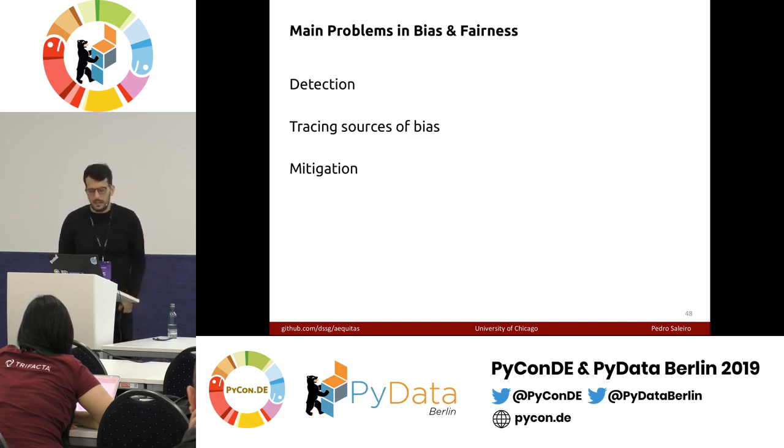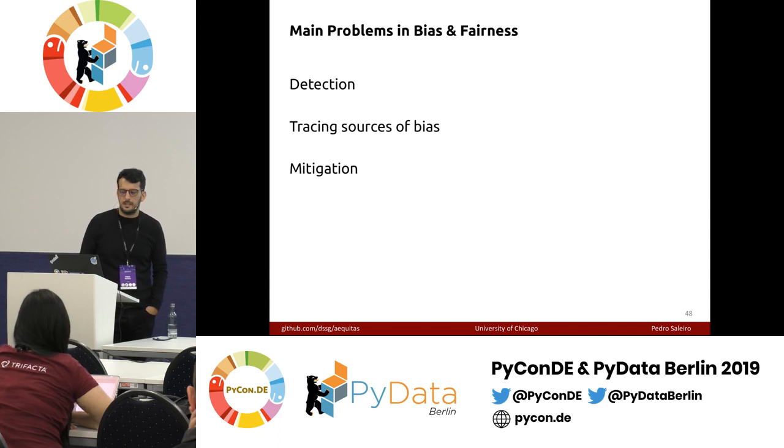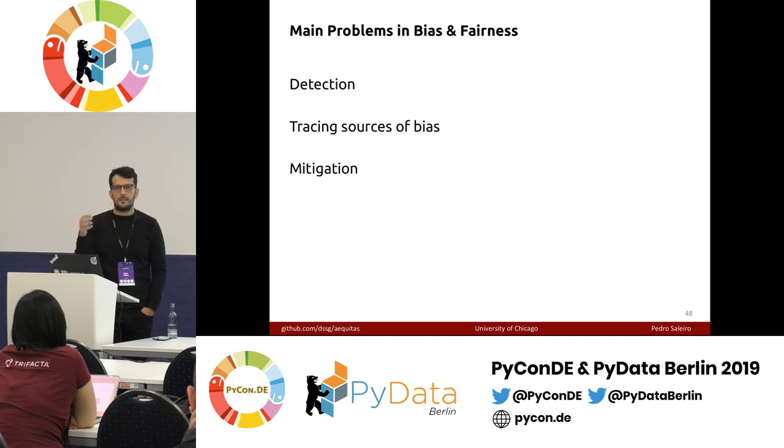Just a quick overview, this is more on the research side. The main research problems in this area: the first is detection. How can we measure? This is about definitions and so on. I don't know if you're aware of this very famous paper on equality of opportunity, that is about parity in recall.